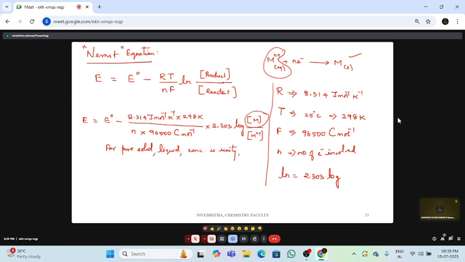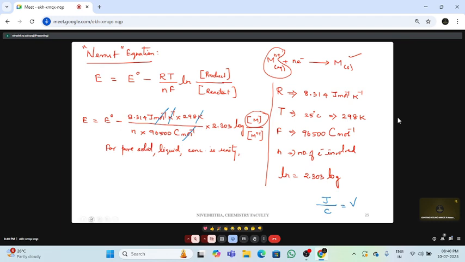And also we can simplify these numbers and cancel the per mole and per mole, Kelvin per Kelvin and all that. So here the unit will be joule by coulomb. Actually, joule by coulomb is nothing but volt. So this complete term will be in the volt unit.